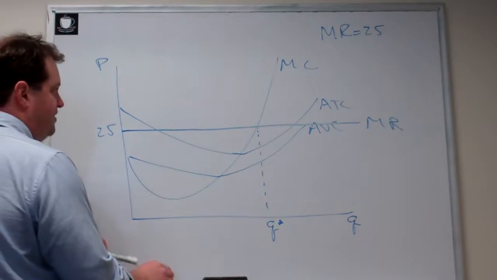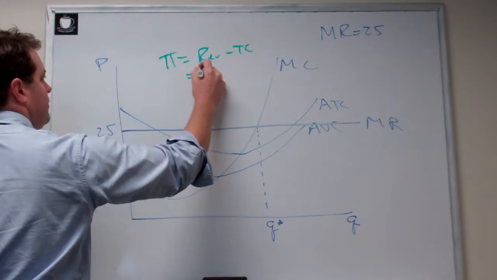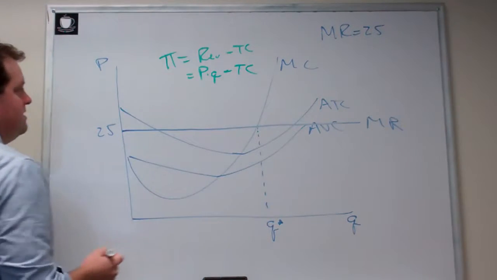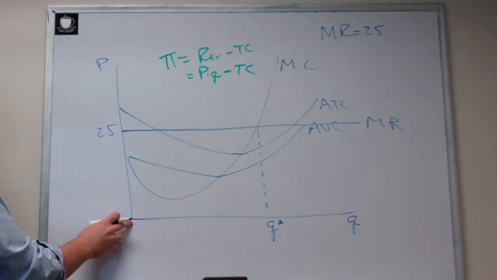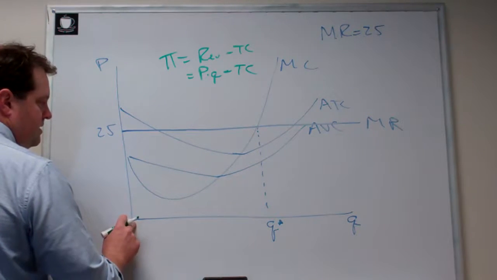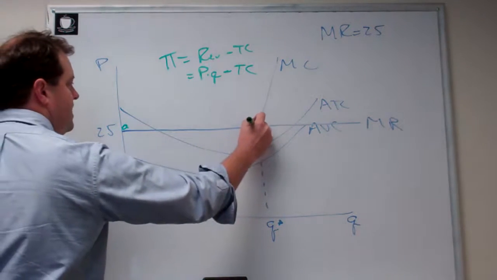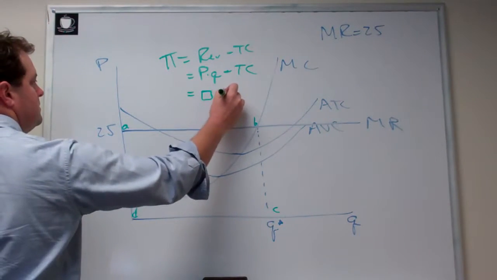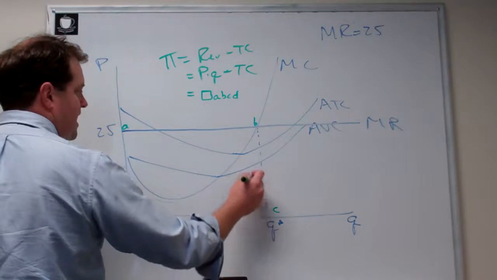So Q star is going to maximize profit. And then we can figure out what profit is. Remember, profit equals revenue minus total cost, and we know that revenue is price times quantity. So let's see, price by quantity. We've got the price here, right, that's 25. We've got the quantity from the origin up to the Q star there, output level. So let's call this ABCD. We'll call that revenue. And then the cost, right? We've done this in class 2.